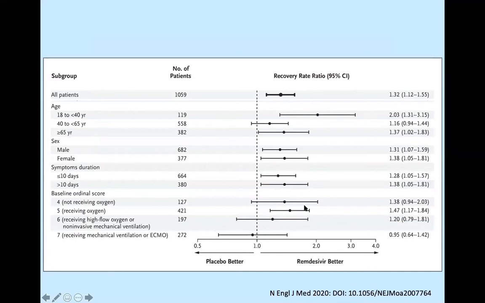For those receiving oxygen, they did feel better in that they recovered a little bit quicker. And it didn't matter when you gave it, less than 10 days or more than 10 days of symptoms, didn't matter whether you were male or female, and age range didn't really seem to matter.